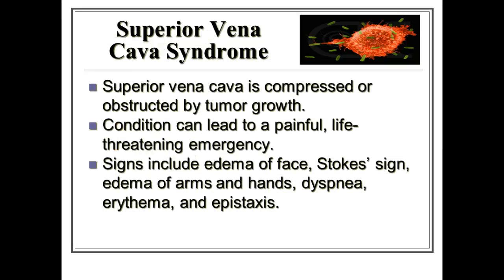Superior vena cava syndrome is when the vena cava is compressed or obstructed by tumor growth, a condition that can lead to a painful, life-threatening emergency. Signs include edema of the face, Stokes sign, edema of arms and hands, dyspnea, erythema, and epistaxis, so basically a bloody nose.